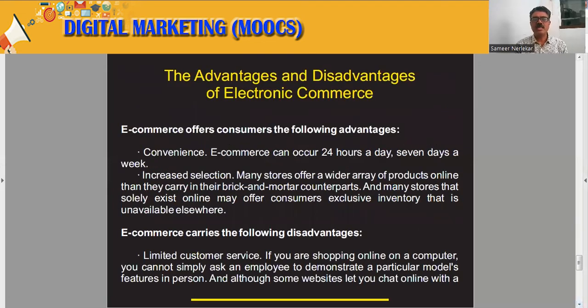The advantages and disadvantages of electronic commerce. E-commerce offers consumers the following advantages. The first advantage is convenience. E-commerce can occur 24 hours a day, 7 days a week. Then increased selection.